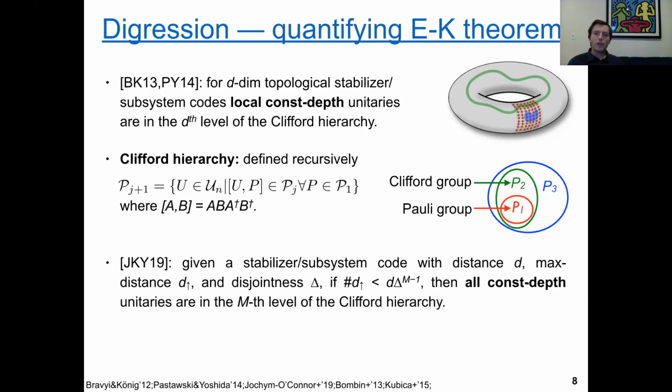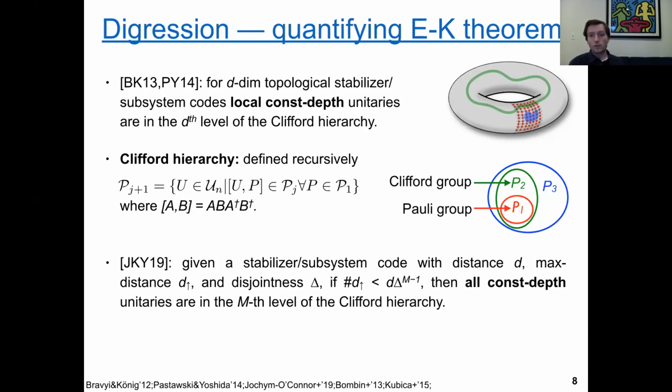Okay, so last year, my collaborators Thomas Jochym-O'Connor and Ted Yoder and I had a paper in which we also had a new look at how to quantify the Eastin-Knill theorem, and we introduced a new code quantity, which we called the disjointness.